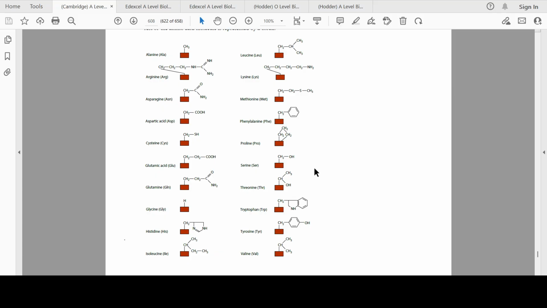Leucine up here, and cysteine, and finally glycine. I put those in randomly. It could be a protein that starts with those 6 amino acids, but I've put them in randomly, just as an example.